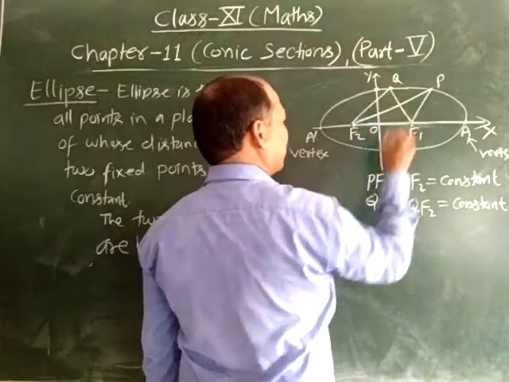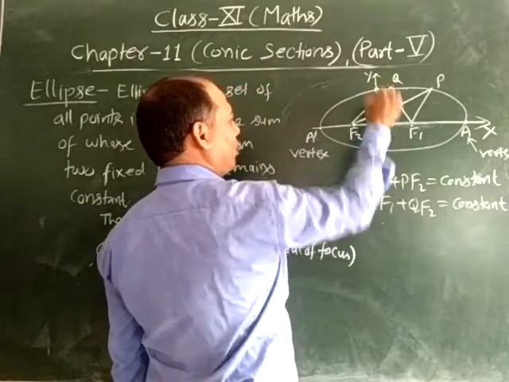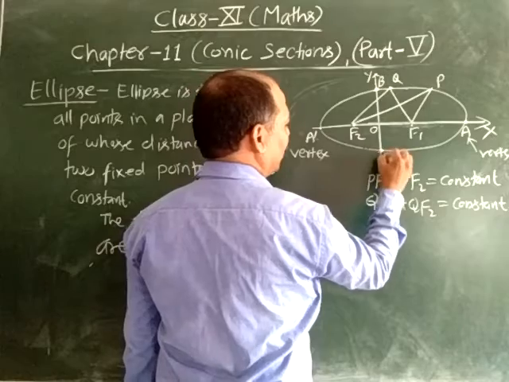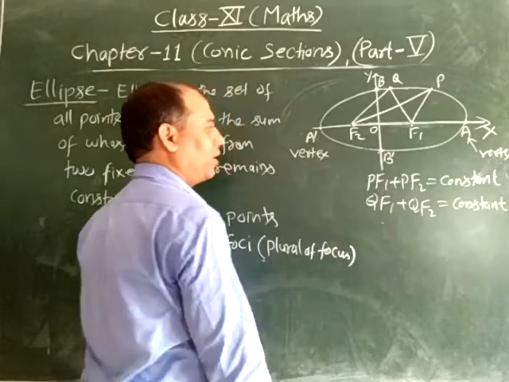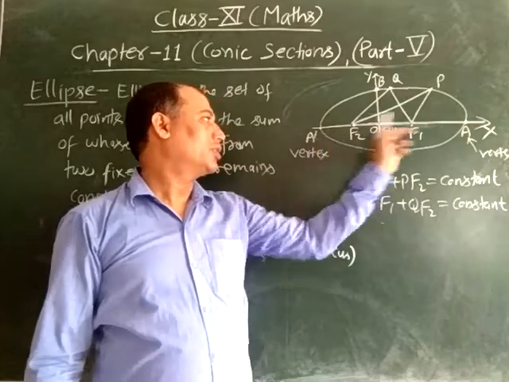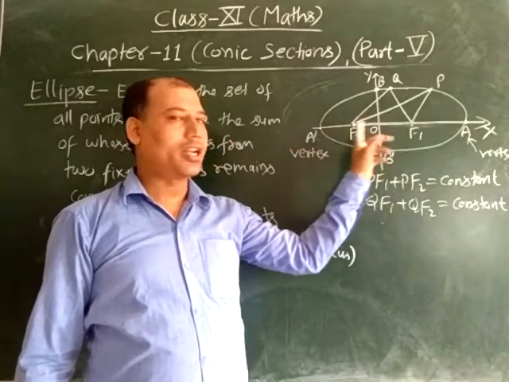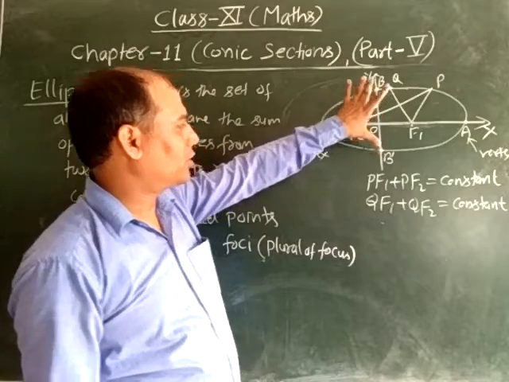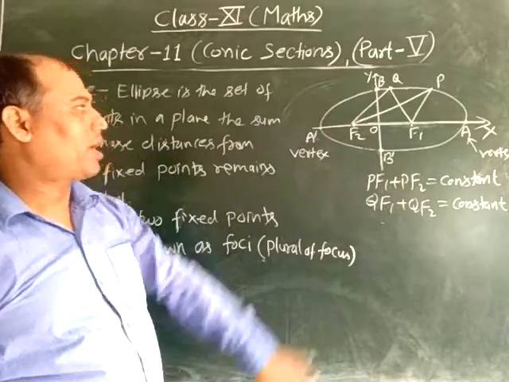And the intersection of ellipse with y-axis, the intersection points are taken as B and B dash. The length AA dash is known as the length of the major axis, and the length BB dash is known as the length of the minor axis.